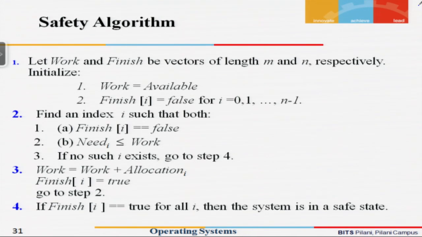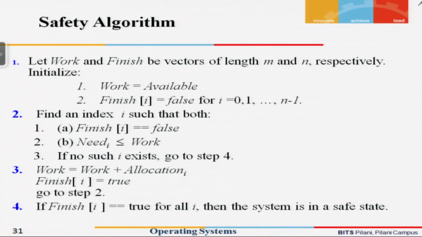So to begin with, we define work equals available, and since we need to find a safe sequence, in the beginning none of the processes have been tested, so we define the finish vector of length n equal to false for all i.